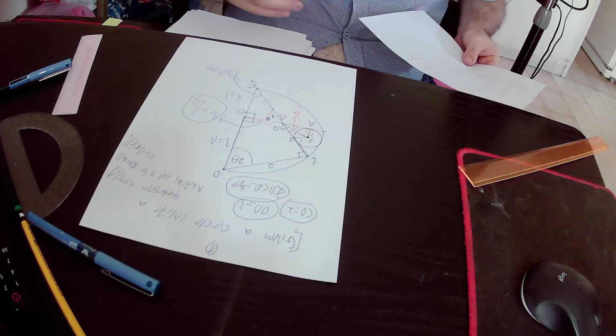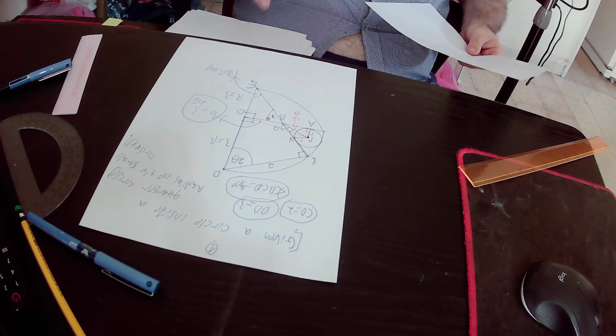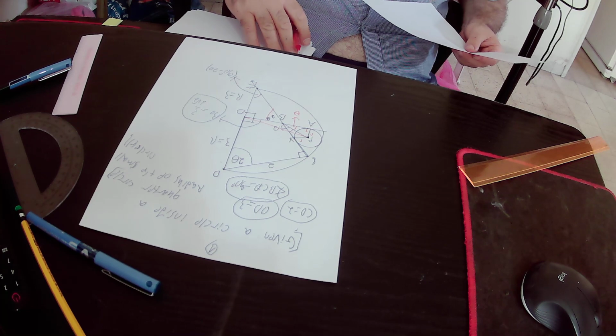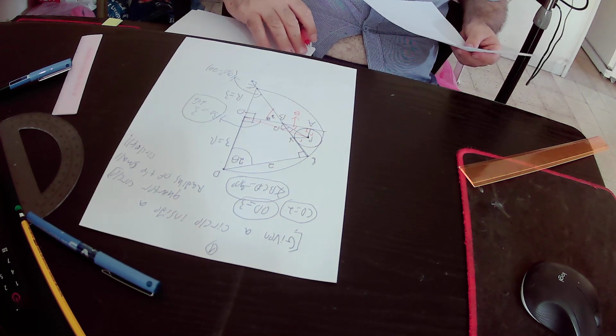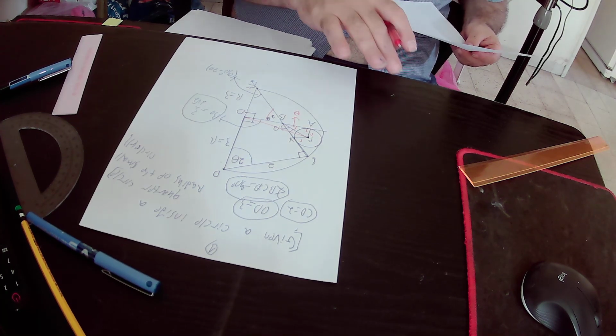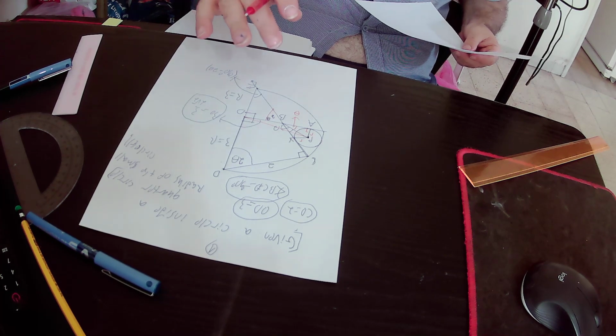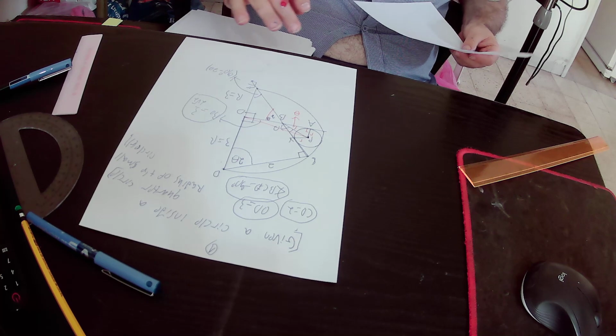That is to say, we can implement the Pythagorean theorem on the right triangle APO. That means that the square of the hypotenuse in the right triangle APO must be equal to the sum of the squares of the perpendiculars.